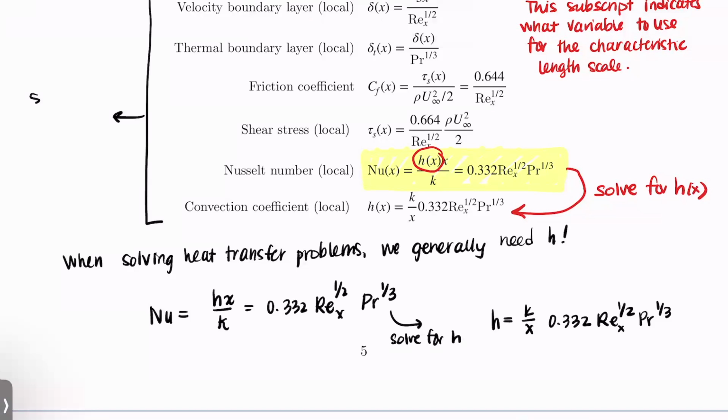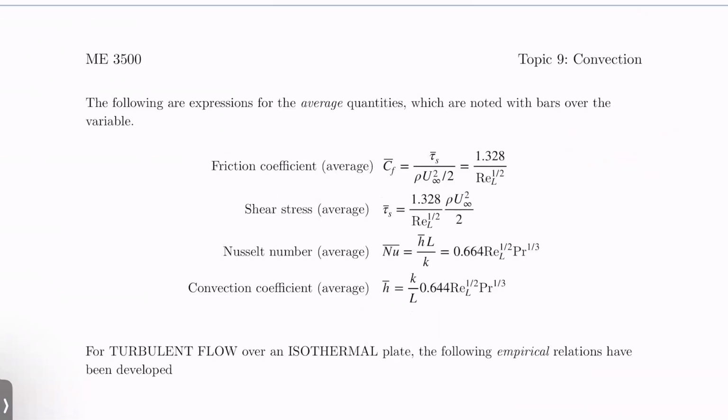We also have expressions for average quantities. This is going to be an average over the entire surface area of the plate, for example. We're using bars over each of the quantities to denote that it's the average. These look the same as we had before, except you'll notice that there's no X in here anymore.